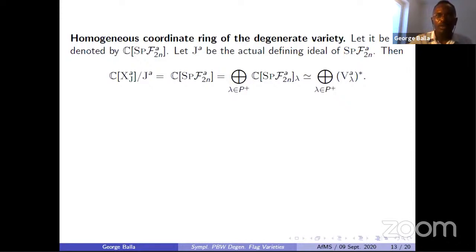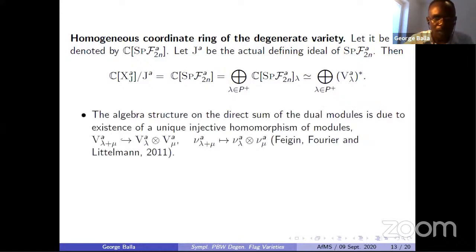So if we take the dual and we take the direct sum, we have an algebra structure on such a direct sum because of the existence of a unique injective homomorphism of modules, whereby for any two dominant integral weights, we take the sum and the corresponding module, and we embed this in the tensor product of the individual modules.